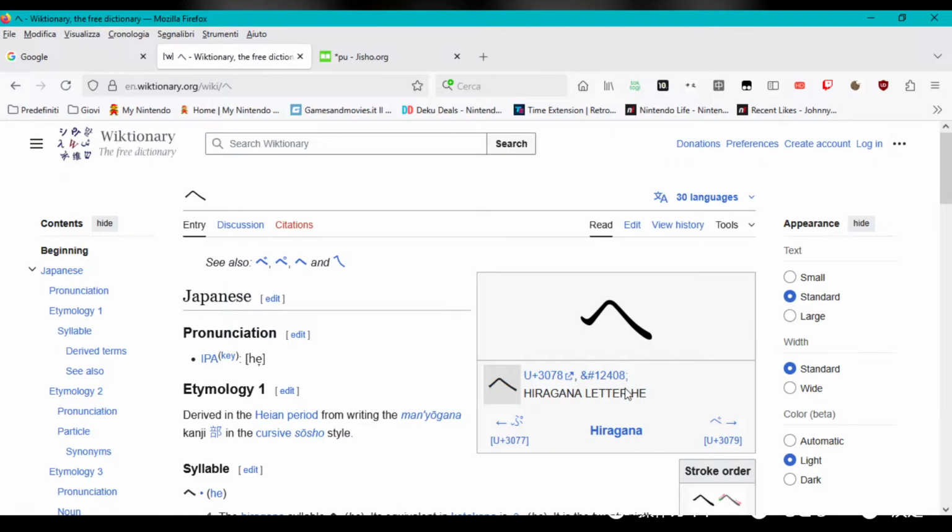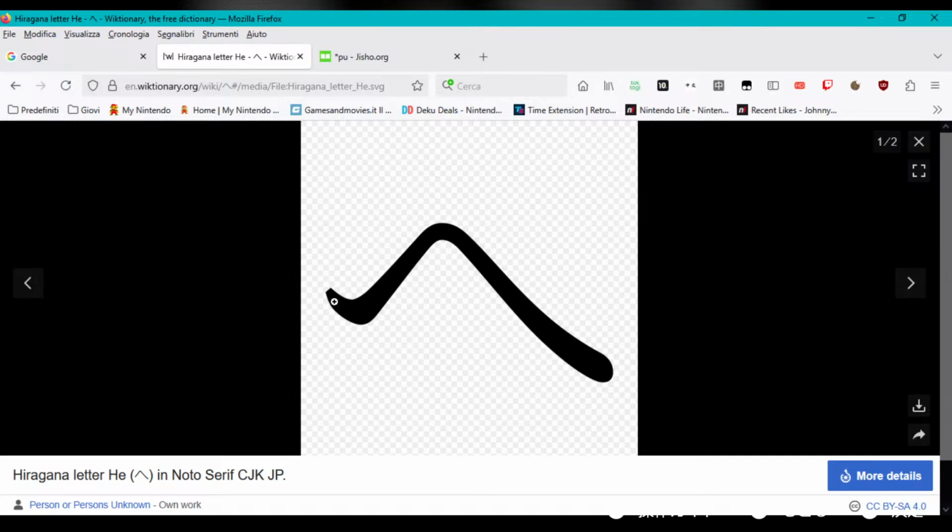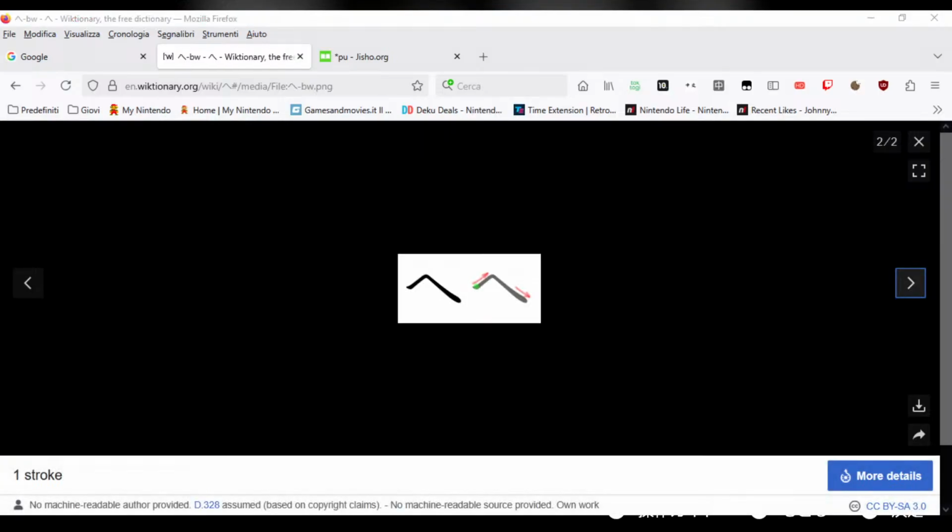For example, we start with he. From left to right, we go above and then down with this dented line. It's a single stroke, so left to right, this way.